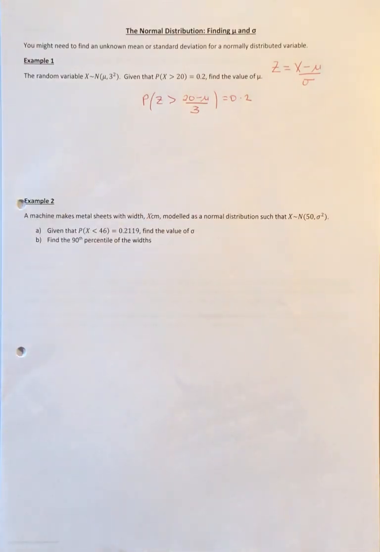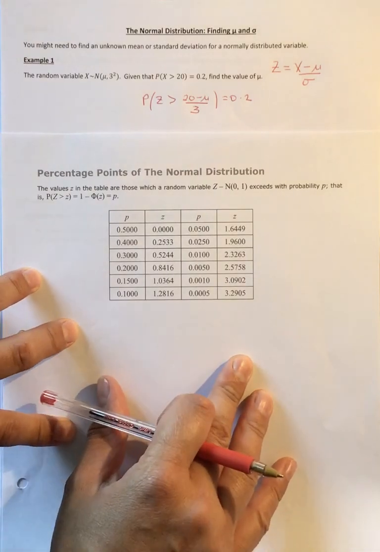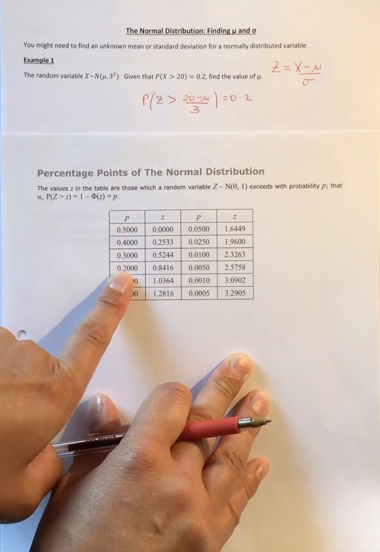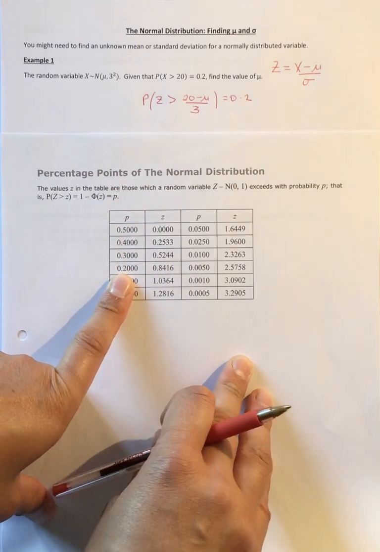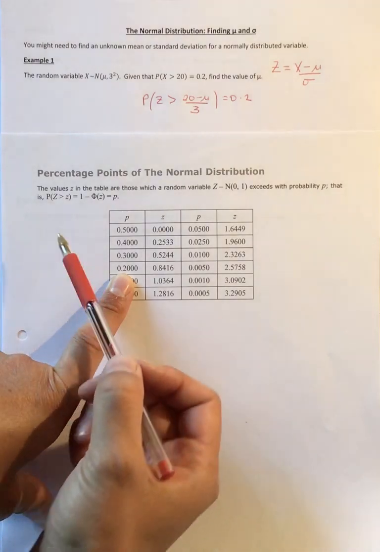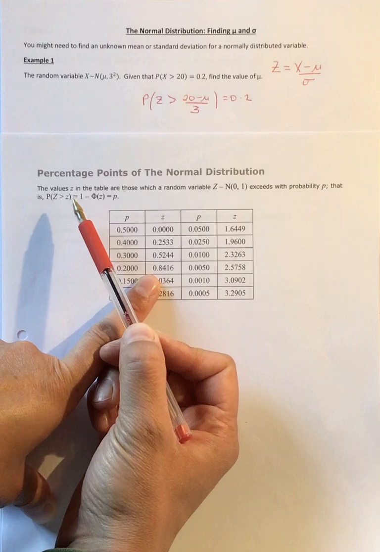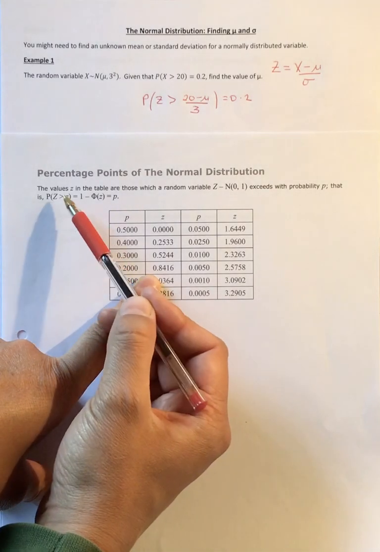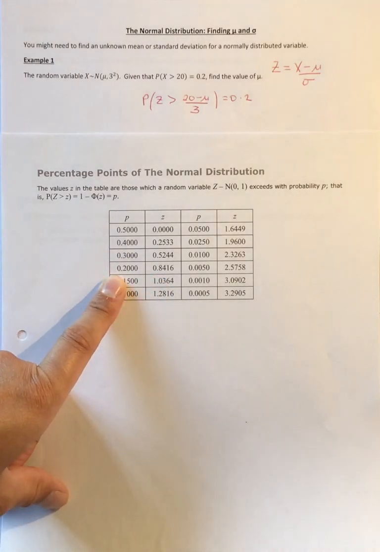And then this value of 0.2 is one that's in our percentage points table. We could use the inverse normal function on our calculator, but it's easier just to look it up in here and see that when the probability is 0.2, then the probability that z is greater than 0.8416 is 0.2.